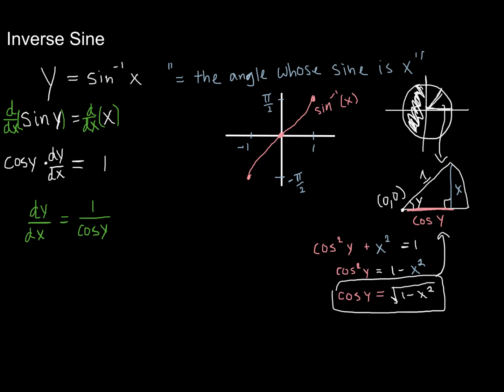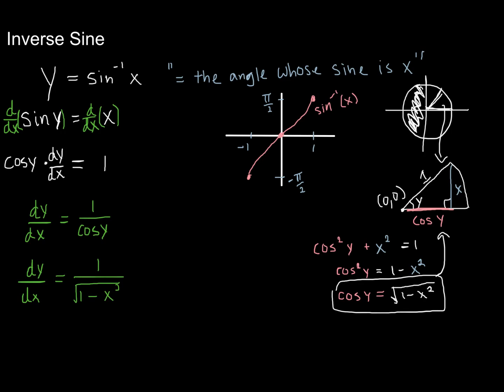That is the cosine of this angle y. So the derivative of y with respect to x is equal to 1 over the square root of 1 minus x squared.